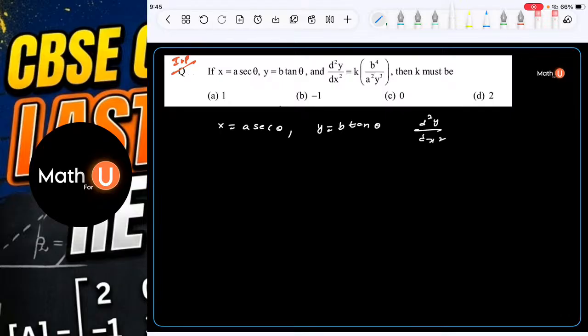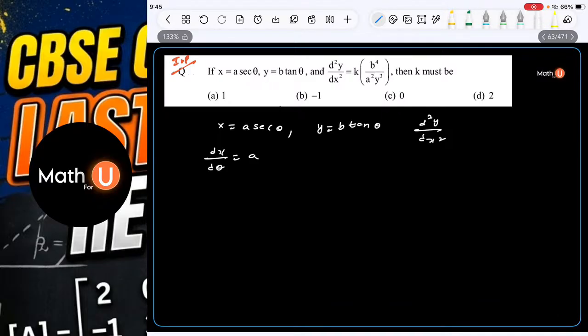First find dx by d theta. You should first differentiate both of these with respect to theta, then you find dy by dx.